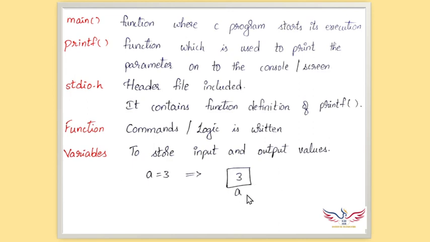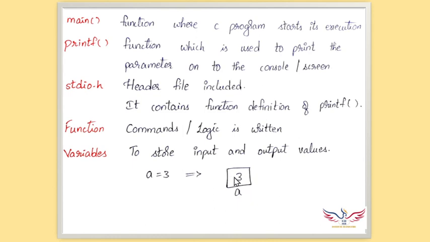Whenever I want to use 3, I can't use that memory address because it is hard to remember. So what I write is a is equal to 3. So 3 is stored in a memory location and the name of that memory location is termed a.